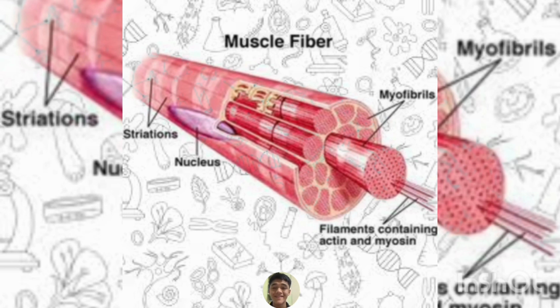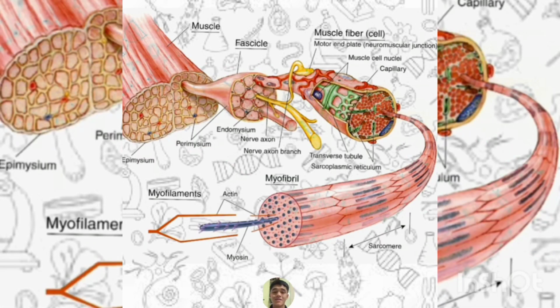On a very delicate and basic level, each muscle fiber is made up of smaller fibers called myofibrils. In that delicate and smaller structure of muscle fiber there are even smaller structures called actin and myosin filaments.